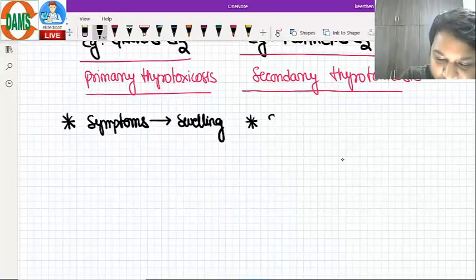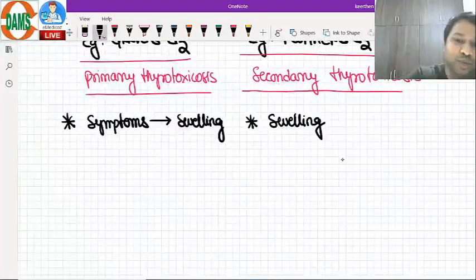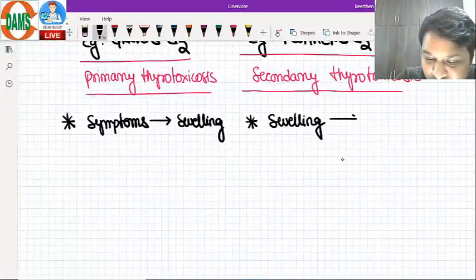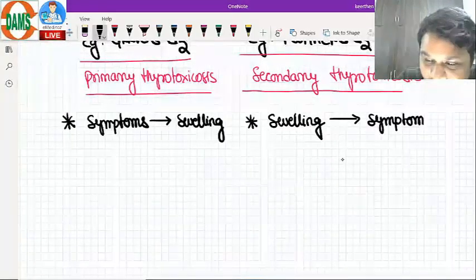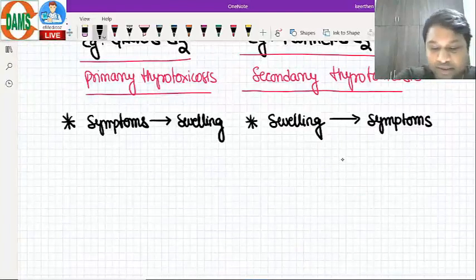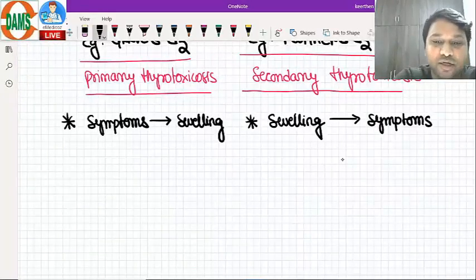On the other hand, if a patient already has a pre-existing swelling which converted into toxic symptoms, this is referred to as secondary thyrotoxicosis.